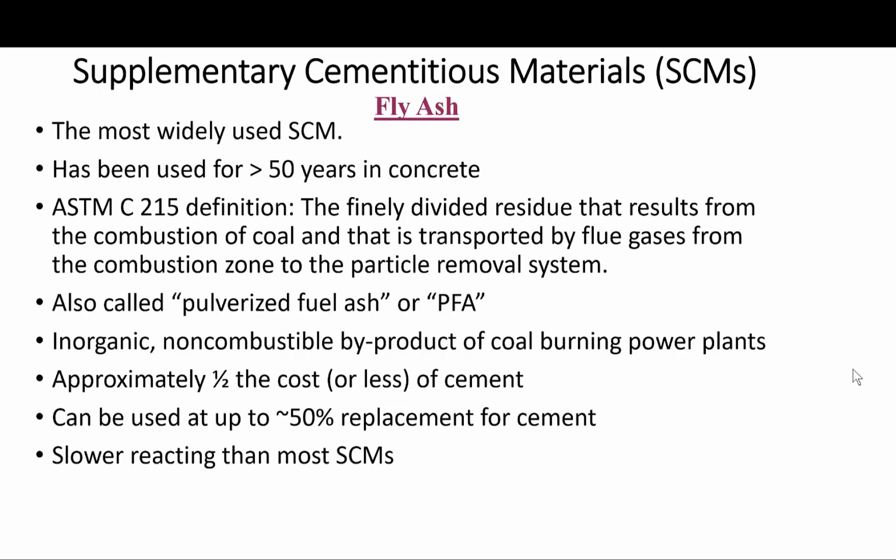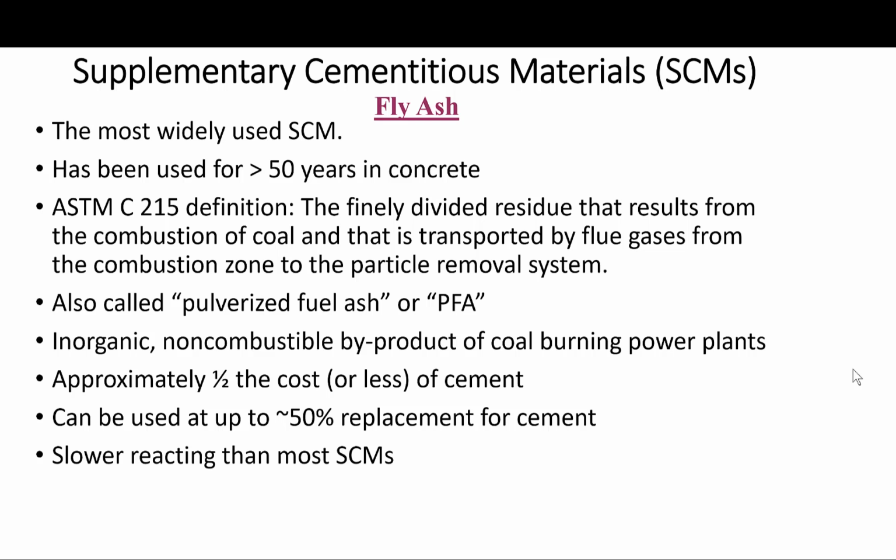So let us discuss the individual materials, the pozzolans. First, let's start with the fly ash. Fly ash is the most extensively used SCM, in terms of pozzolanic material. It is basically the inorganic, non-combustible residue of powdered coal after burning in power plants.